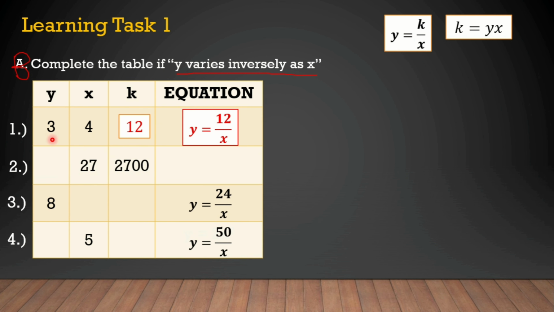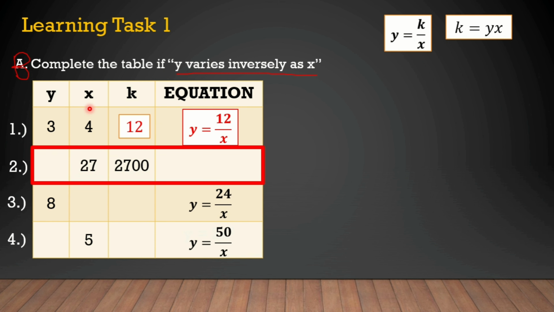Next, number 2. Sa number 2 naman, ang given natin is x and k. Hanapin natin yung y at saka yung equation. So, since y ang hinahanap natin, so itong formula ang gagamitin natin. Y is equals to k over x. Tapos, substitute lang natin yung mga given value ng k, which is 2,700 divided by yung x na 27.